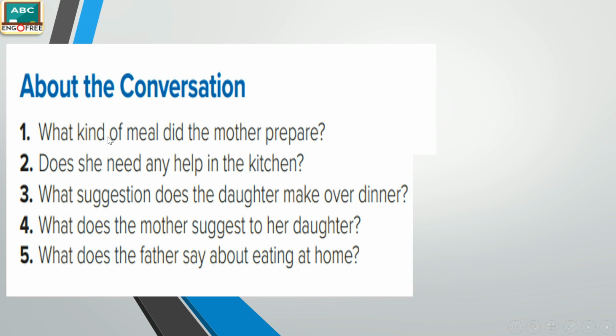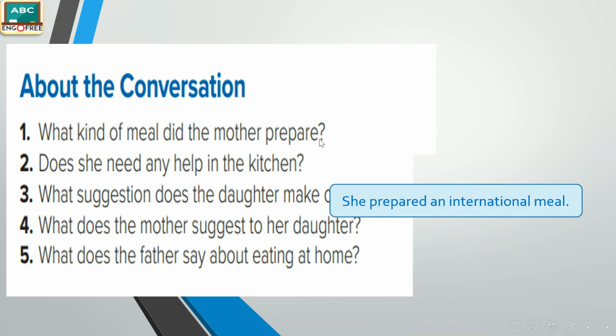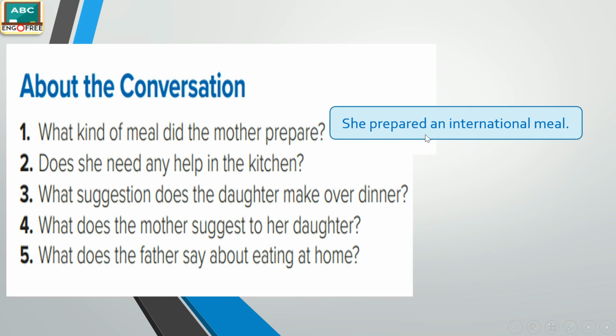About the conversation. Now I want you to answer these questions about the conversation. Let's read them. Number 1. What kind of meal did the mother prepare? She prepared an international meal. Number 2. Does she need any help in the kitchen? No, she doesn't.